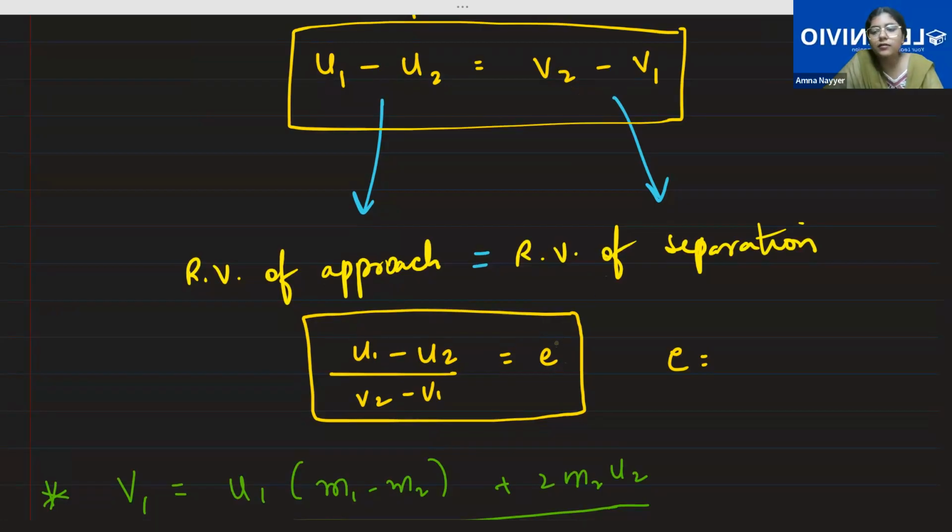For which value of E do you think they can be equal in this formula? One. Definitely 1. So that is how we get E is equal to 1 for elastic collision.